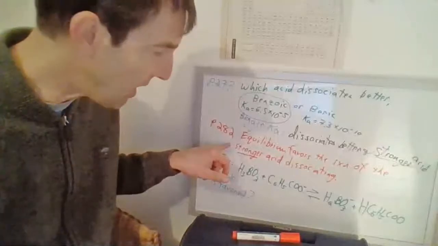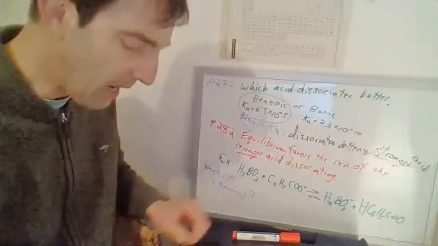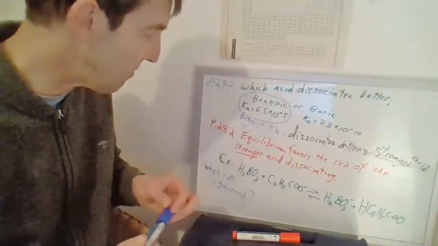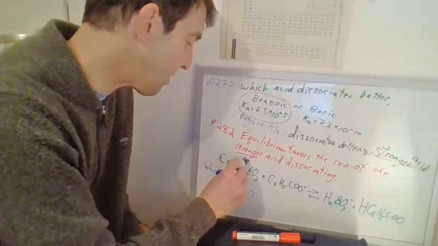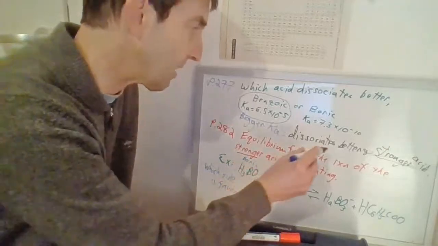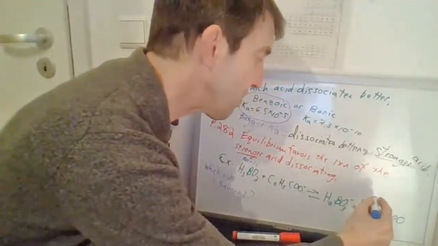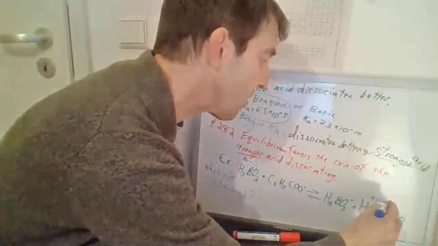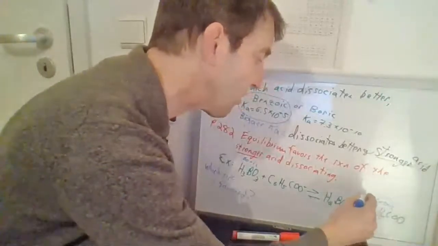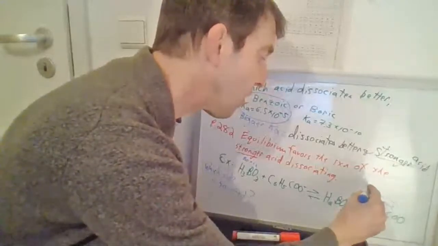Let's find the stronger acid and circle it. Well, that's boric. That's not strong. That's the negative 10. Now here's the benzoic. Oh, that's stronger.